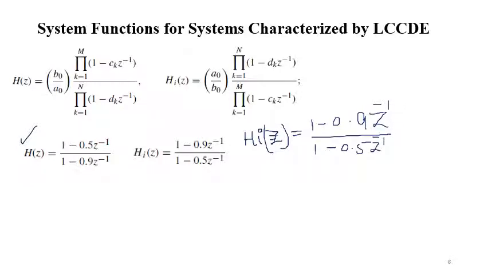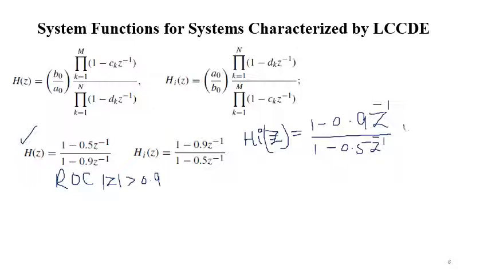Okay, now the ROC for the original system is absolute value of Z greater than 0.9.